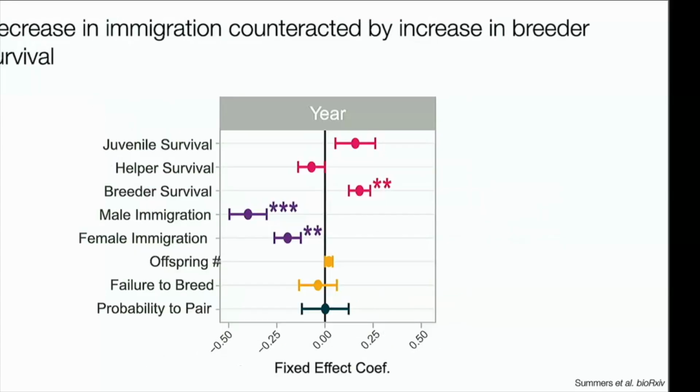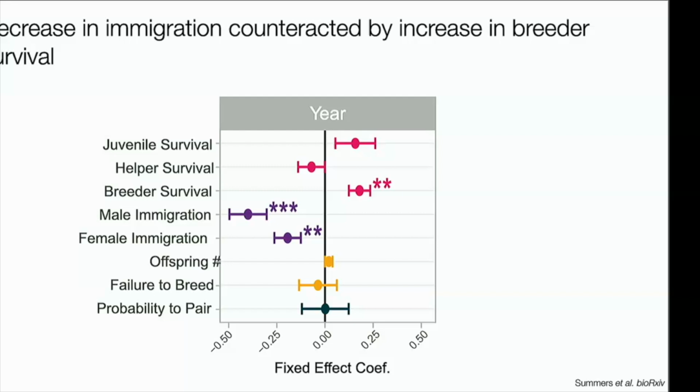And if you look at the mixed effects models, this is just looking at the effect of year on our different vital rates. And we can see that the decrease in immigration in our population is being counteracted by an increase in breeder survival over time.